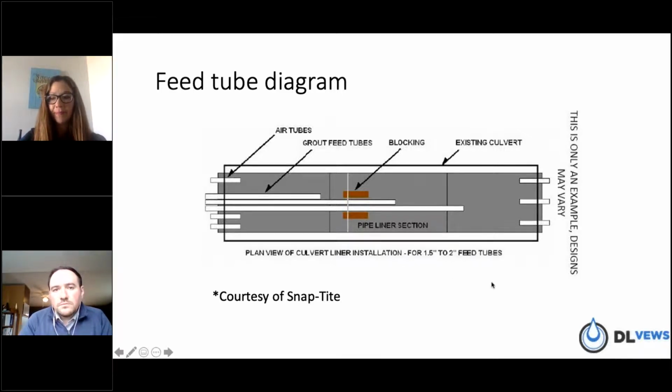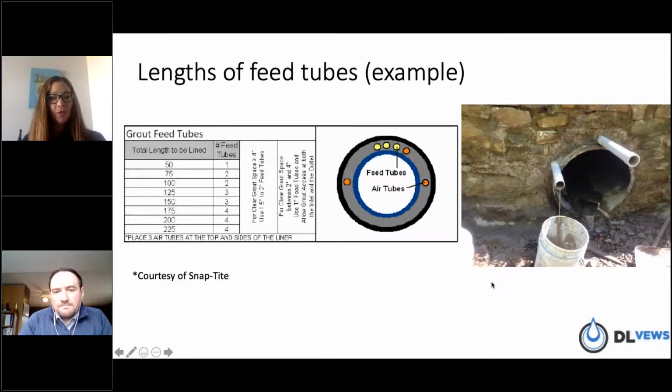Right. Great. So here we talk a little bit more about the tubes. And this one, again, I put a little asterisk there, courtesy of Snap-Tite. This is not Bible, but it's great guidance. It has been super successful for our team and others over the course of many, many years.